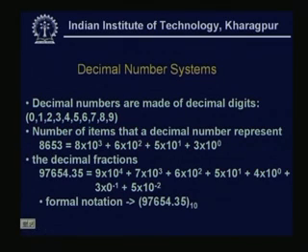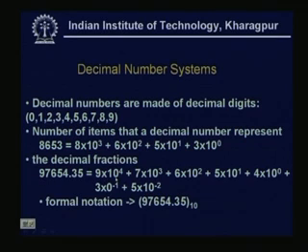Now if it is a fraction, how can we quantify this? Similarly, take 97654. If we start from here, 0, 1, 2, 3, 4, then 9 is in the 4th position.